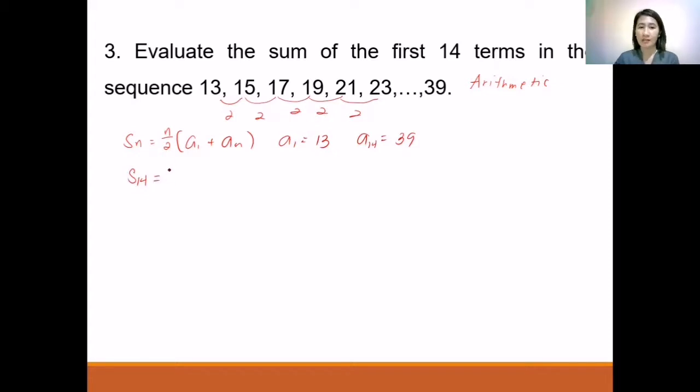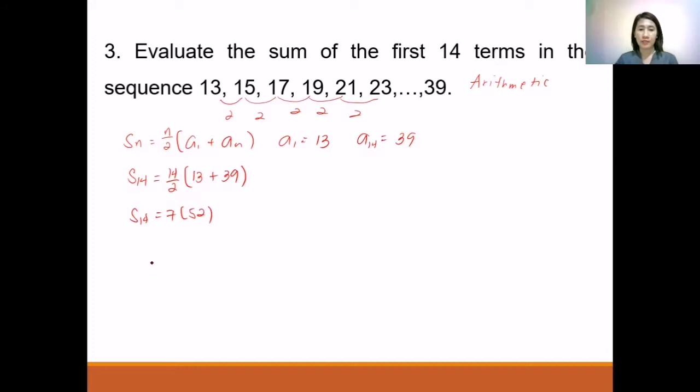We substitute n, 14 over 2, then multiply a sub 1, 13, plus a sub n, 39. You may simplify 14 and 2 already. So that is 7. Then 13 and 39 we add. So that is 52.